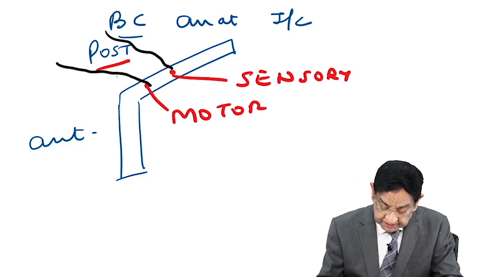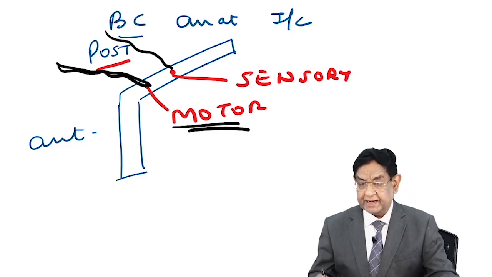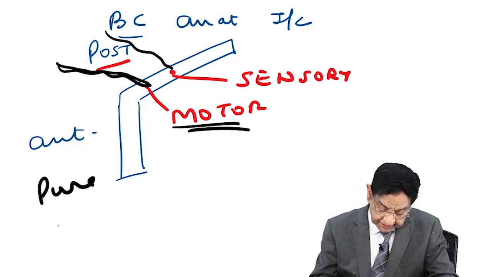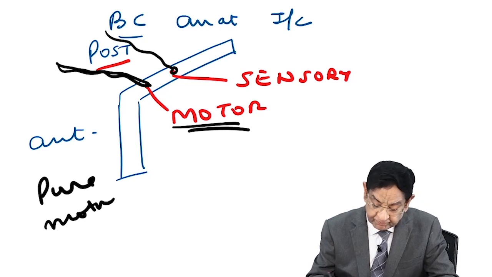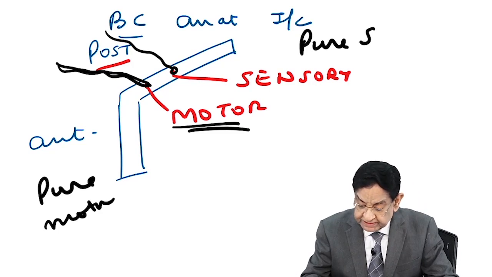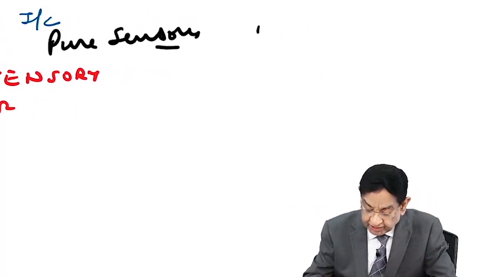If the artery supplying the motor fibers in the internal capsule is involved, it will lead to pure motor weakness. Similarly, it may involve the sensory fibers. It will lead to pure sensory loss. And this localized loss is known as lacunar infarct.